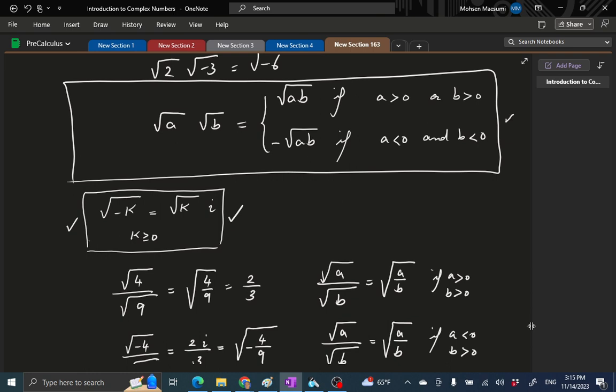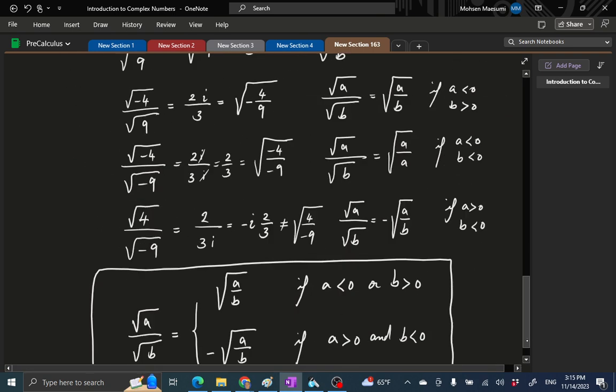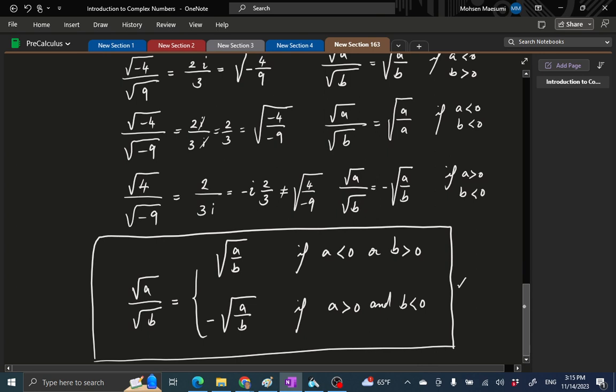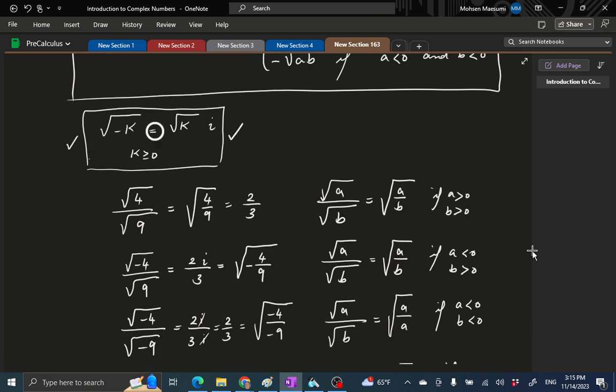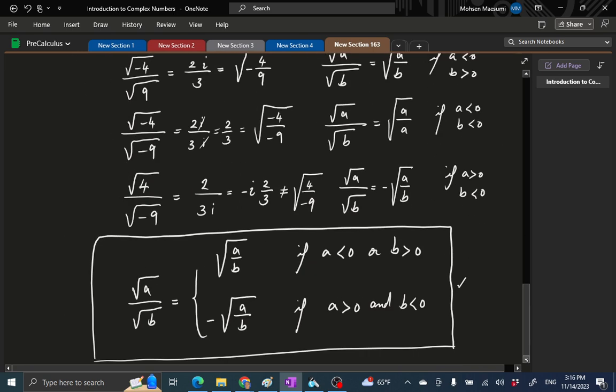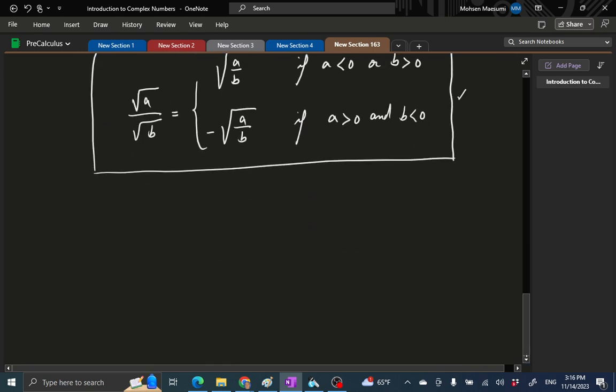This one and this one might look counterintuitive, but if you follow the advice of doing it this way, one of the advantages of using the letter i for the square root of -1 is that we avoid these kinds of mistakes with our arithmetic. Okay, what is next?